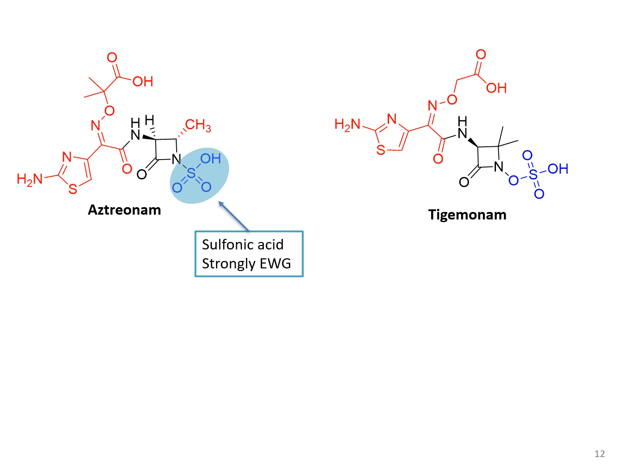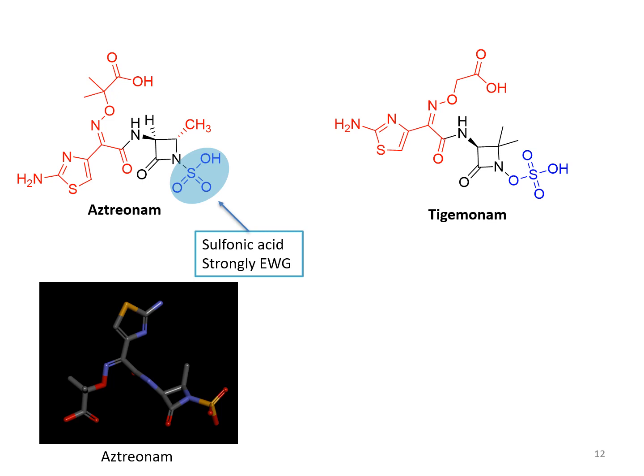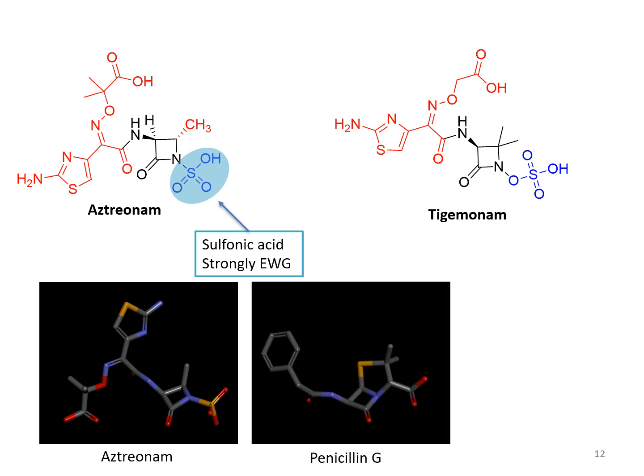Now, though the sulfonic acid in aztreonam, for instance, is connected directly to the nitrogen, while the carboxylic acid of the previous beta-lactam antibiotics such as penicillin G is connected to carbon 2, yet the large size of the sulfur atom sufficiently spatially resembles the corresponding C2 carboxylic group.